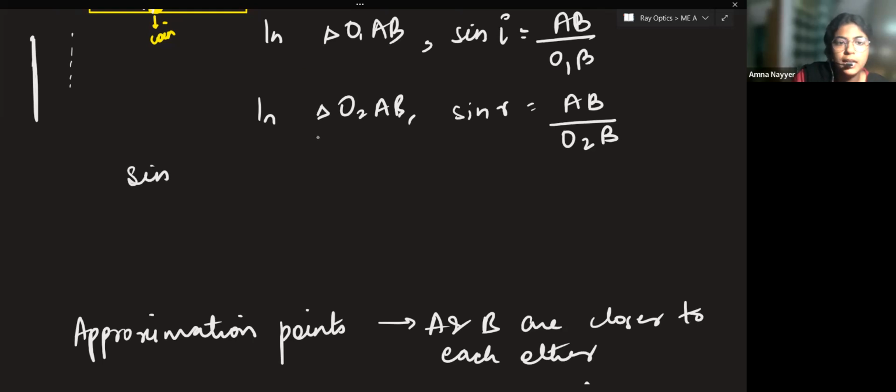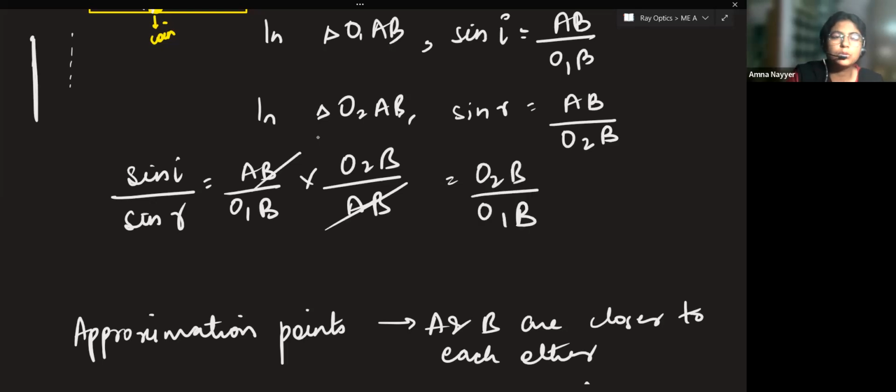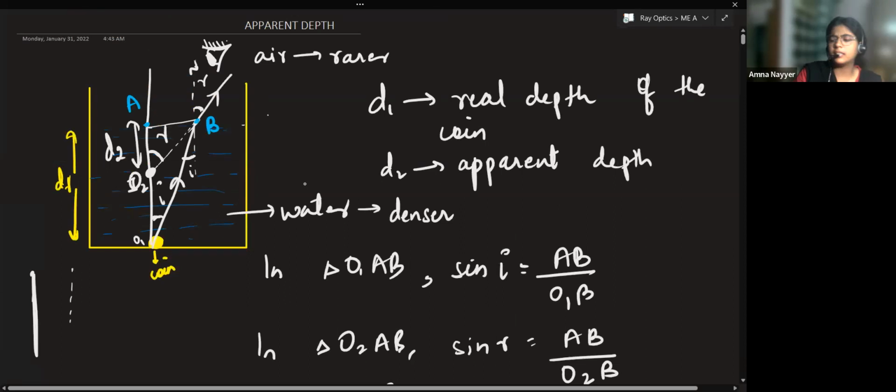So sine I by sine R will be AB by O1B into O2B by AB. AB gets cancelled. We are left with O2B by O1B. Now see, these two points A and B are actually not at this distance.